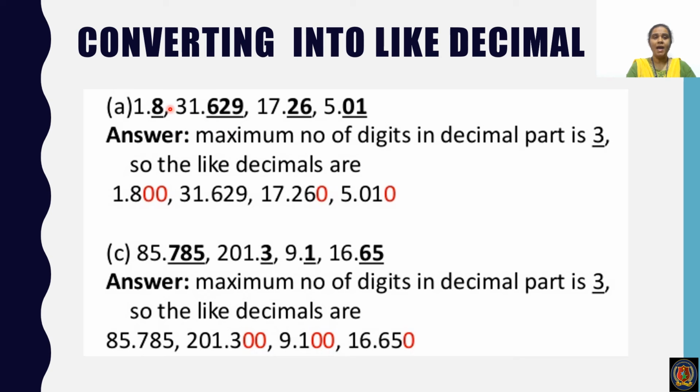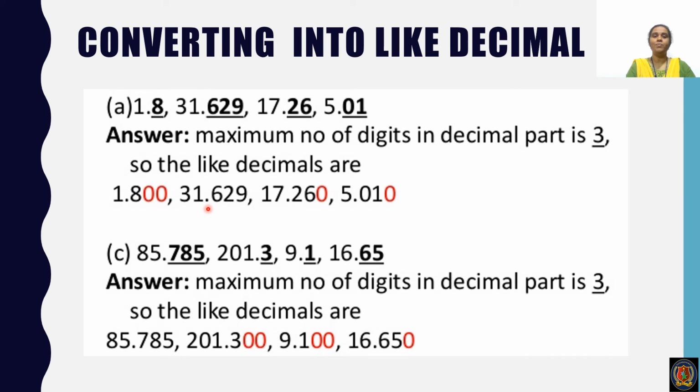So we can add 0 to the remaining numbers so that all the numbers have 3 decimal places. So I am adding 2 zeros to the first number 1.8. It becomes 1.800 because 1.8 and 1.800 are both the same, as we saw in equivalent decimals.